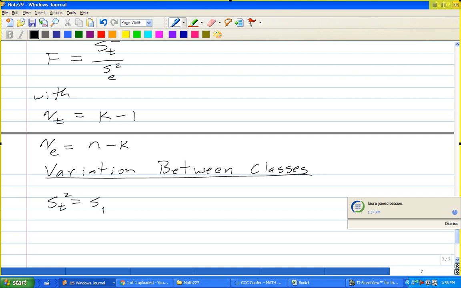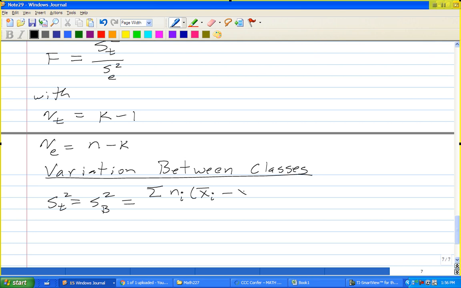Sometimes we use this notation: it is the sum of each of the sample sizes times the means for each of the samples, minus the mean for all of them, squared, all over your degrees of freedom. So that's your variance.